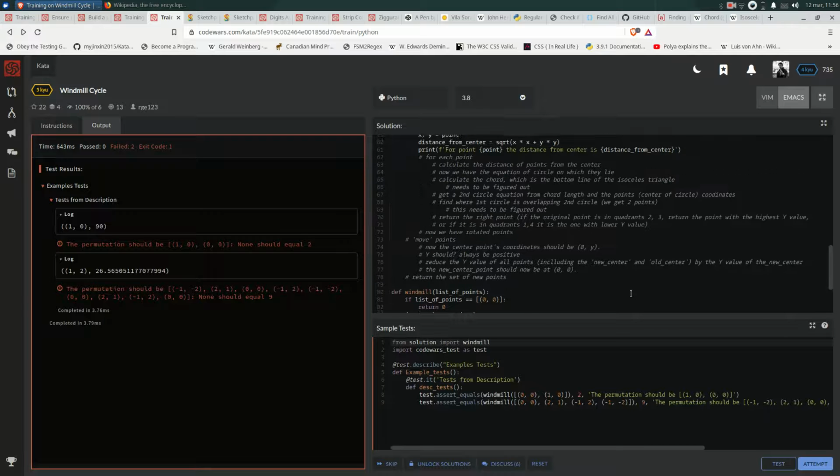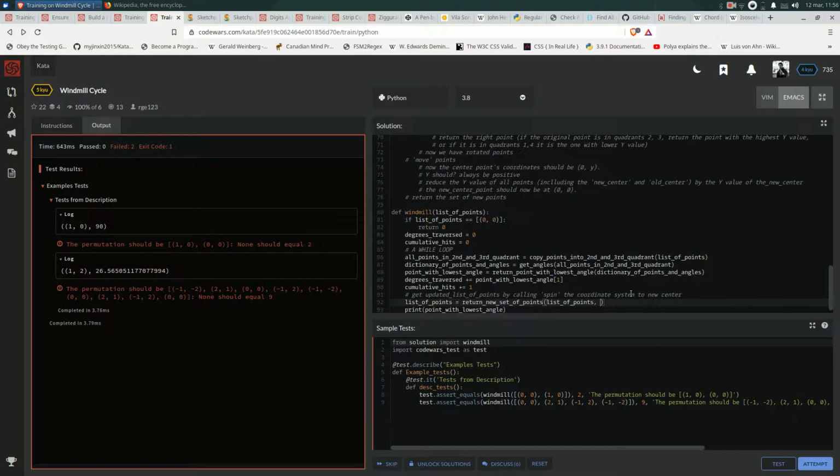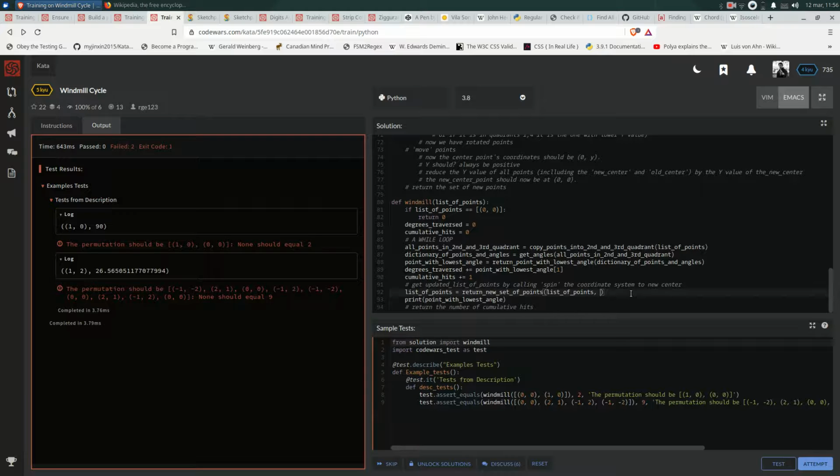We need the angle, right? Rotation angle. So we say traverse points with the lowest angle. Point with the lowest angle.